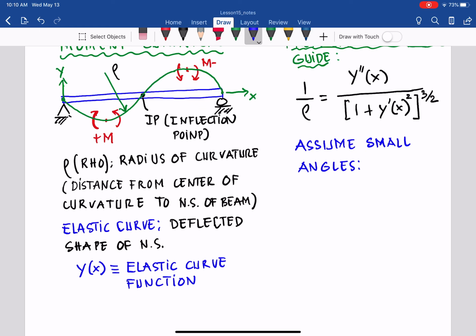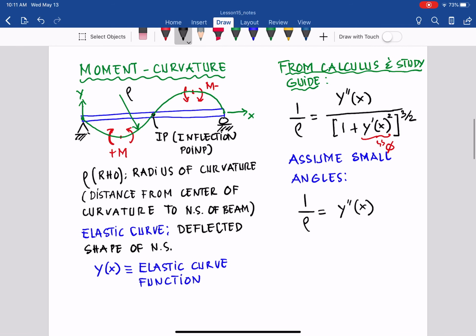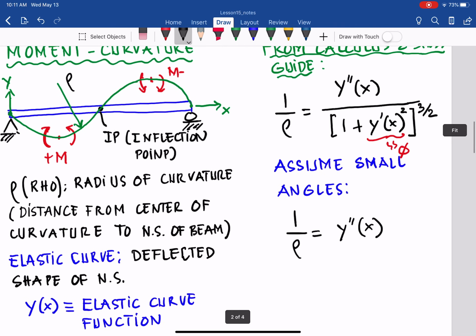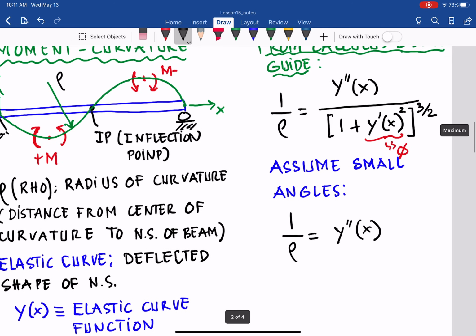If we deal with small angles, then the first derivative, which is the slope, is almost equal to 0. So we can simplify that equation: 1 over rho is equal to the second derivative of the elastic curve, y double prime of x, because the denominator is equal to 1.